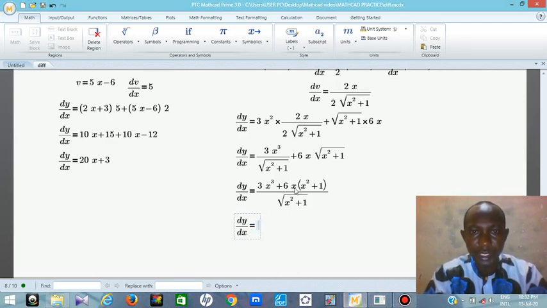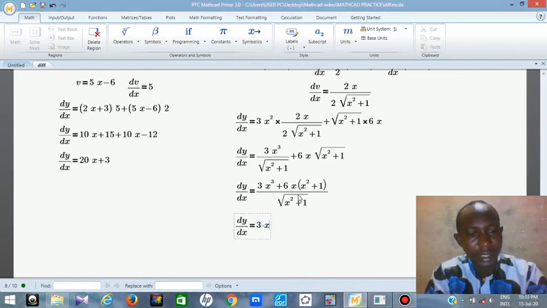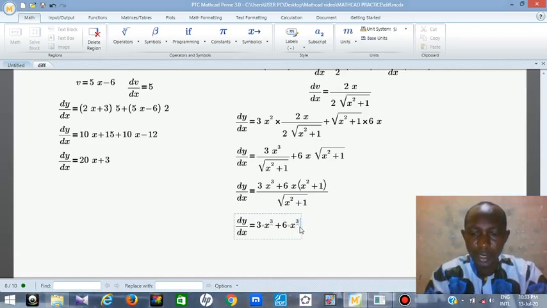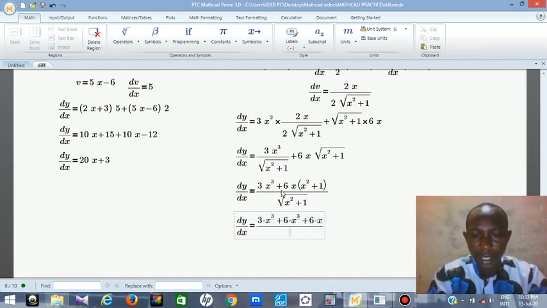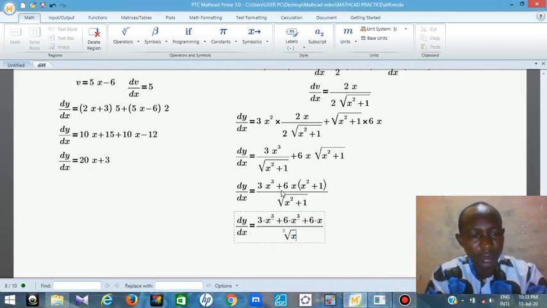Okay, 6x times x squared gives us 6x cubed, then plus 6x. So the numerator is 3x raised to the power 3 plus 6x cubed plus 6x, divided by square root of x squared plus 1.